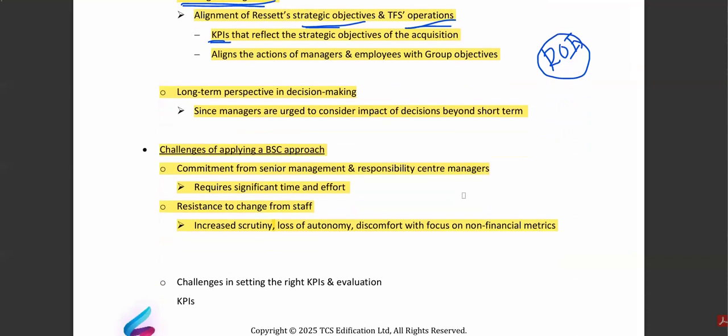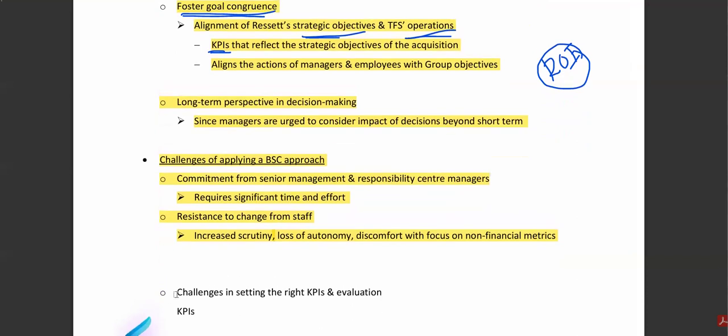But we also have some problems with regard to KPIs. This is particularly true with regard to a complex business model, where you need to set the right KPIs, the key performance indicators. And remember, KPIs should be SMART. They must be specific and measurable. They must be realistic. And people should accept those KPIs, right?